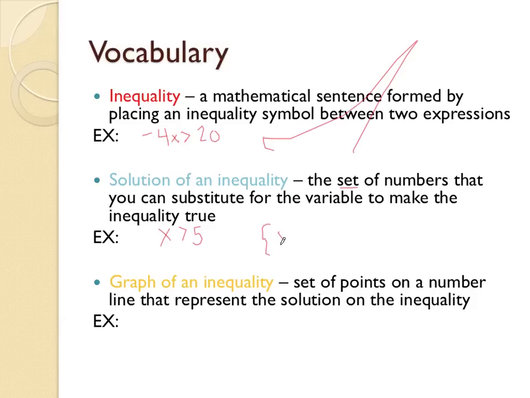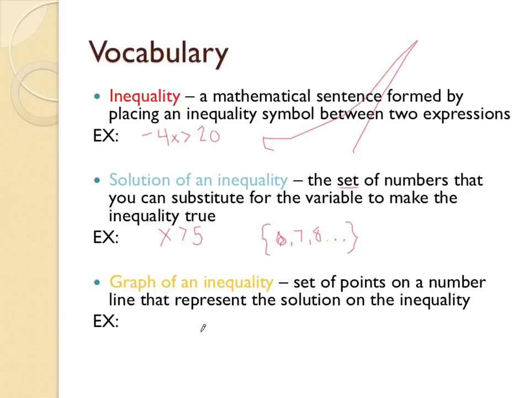In my solution set, I could have 6, I could have 7, I could have 8, and so on and so forth. I'm just going to put these dots so you know that we keep going. A solution set of an inequality is more than one number, and in this case it would be all the numbers greater than 5.